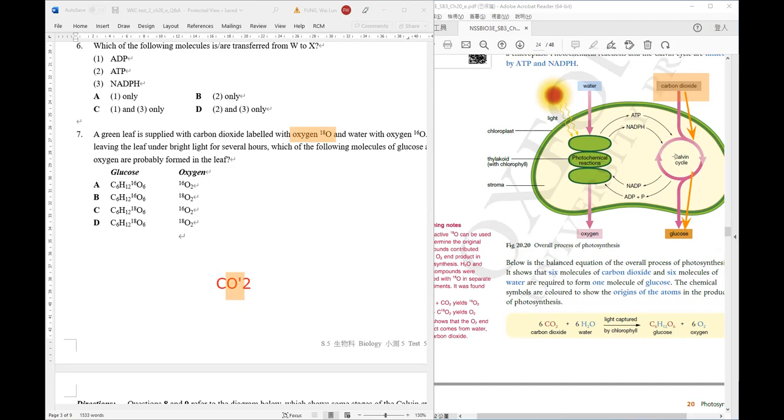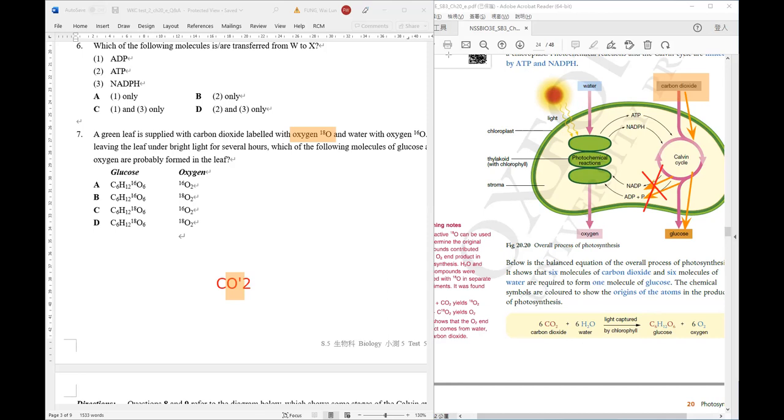The oxygen will not be transported through NADP or ADP. The oxygen must go into glucose.